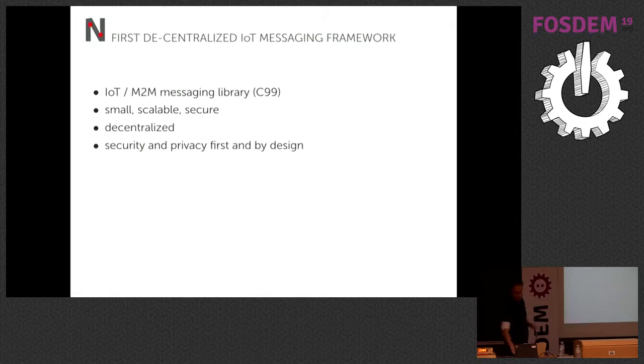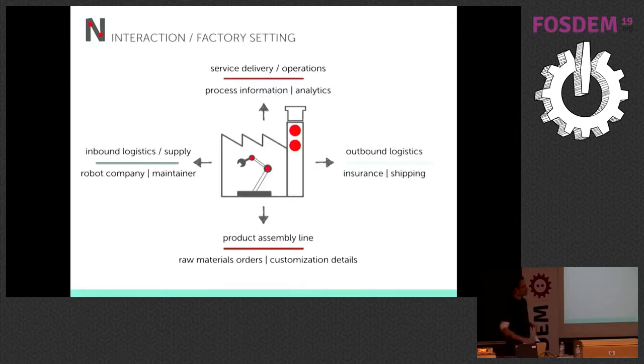And he said, okay, I will give you an example why you need it. If you take, for example, a factory and you have a robot arm, then you have to be aware that as soon as you add an external connection, the security context of the whole factory changes. So if you add a connection to an insurance company, you have to review your whole security concept. And he said, you could do it the other way around.